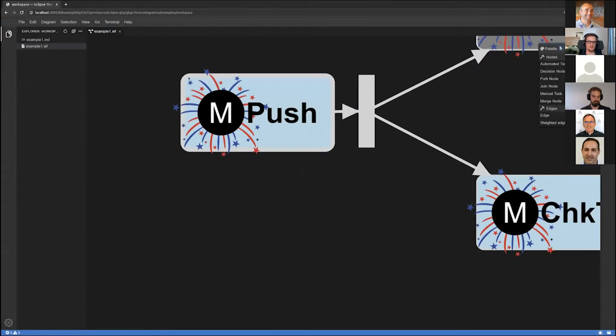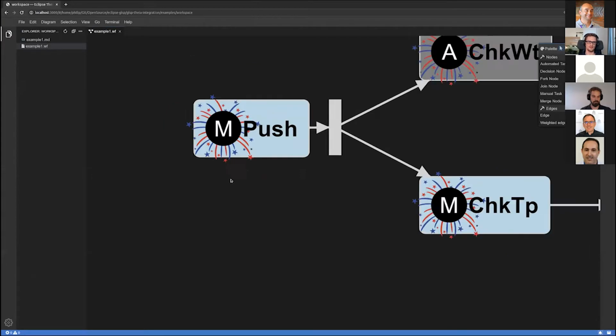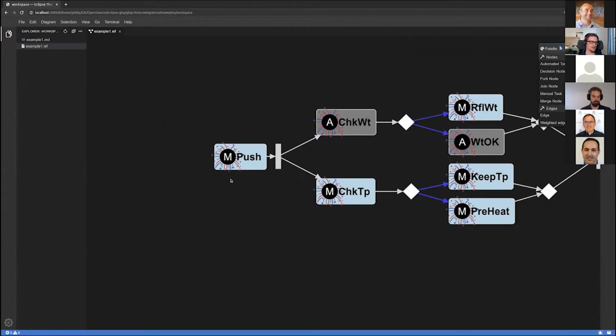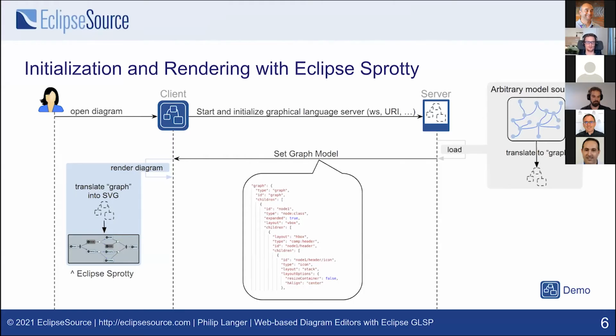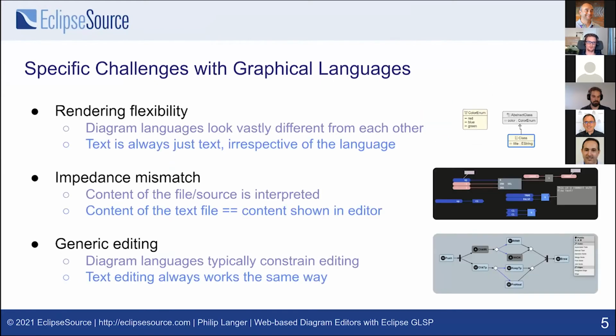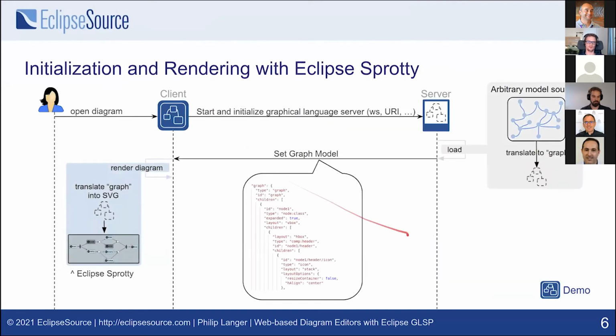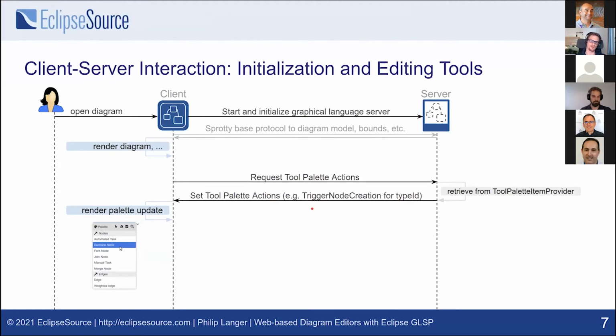Now we see that in addition to what we rendered before, we also render this nice firework here. So with that, we have covered the rendering part, the first issue, the rendering flexibility, by having this abstract graph model and then a very flexible rendering framework on the client.